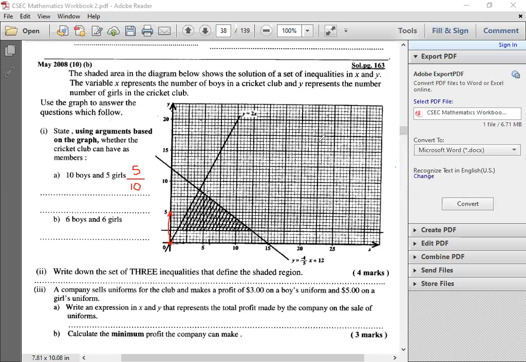Understand it now? Use that principle for all graphs. No matter what the graph is, you use it for that.